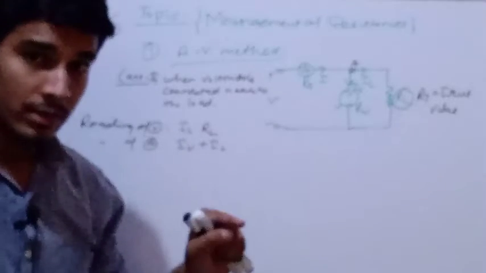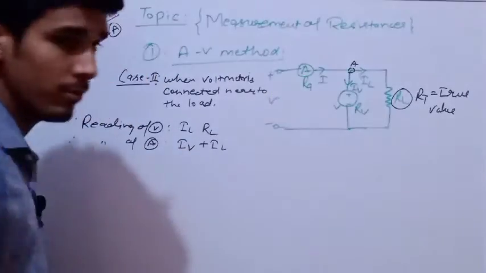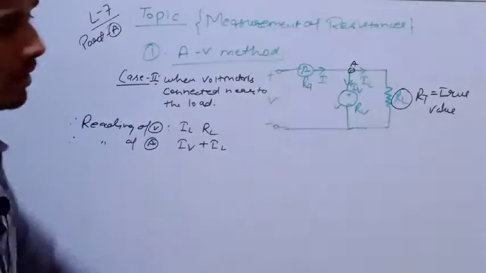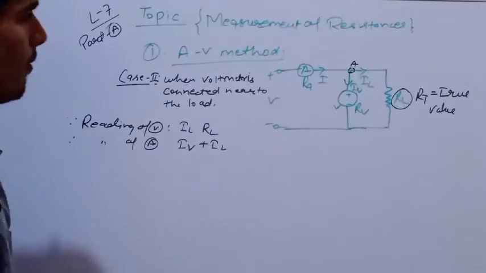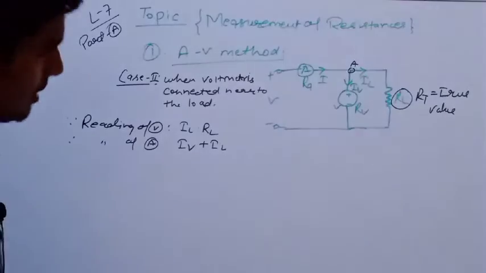the sum of the currents entering or leaving a node is always equal to 0. If you are taking incoming current as positive, then you have to take outgoing current as negative, or vice versa. If you take incoming current as negative, then by default you have to take outgoing current as positive.